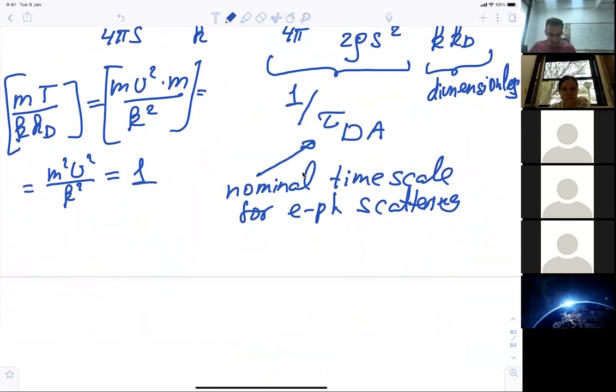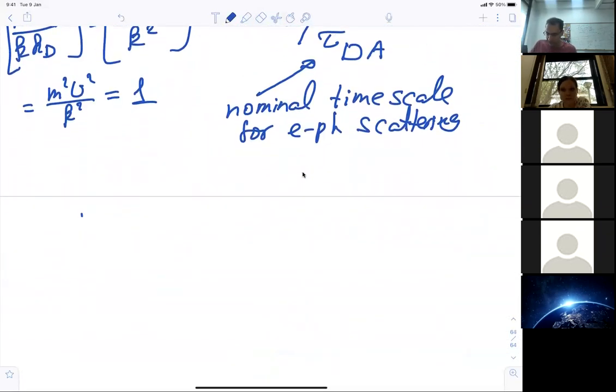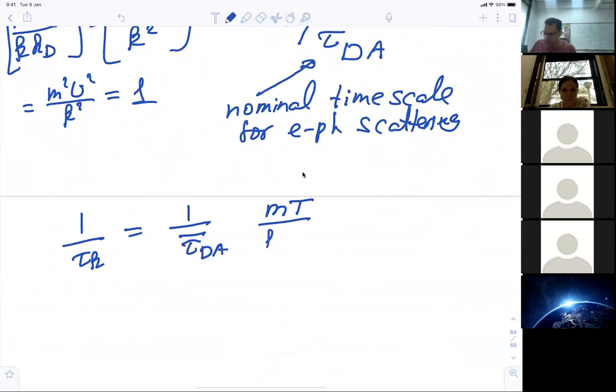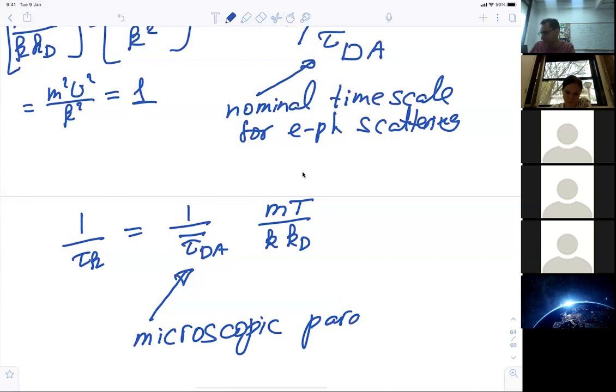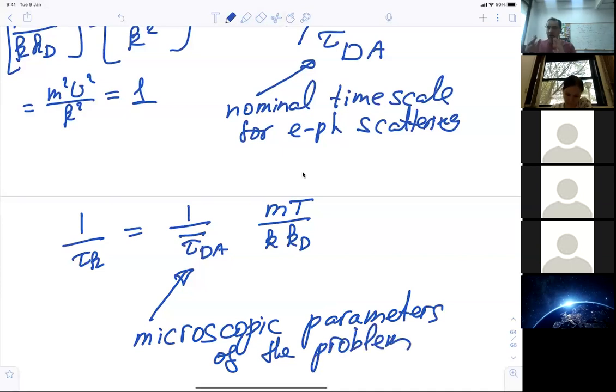And therefore what we found is that 1 over tau k in this model is equal to 1 over tau DA times m T over k dB times k dB. So almost all microscopic parameters of the problem are combined into a combination that we call tau DA.